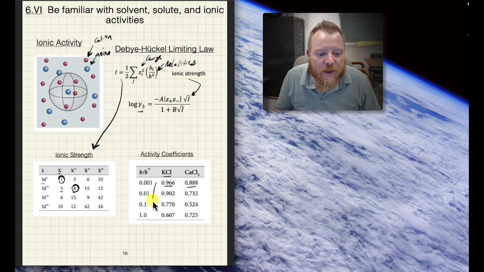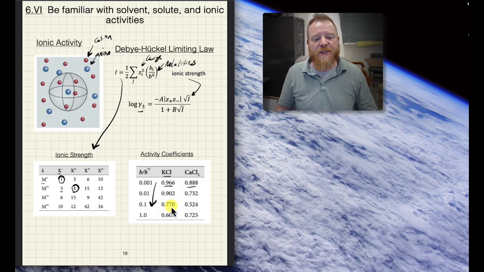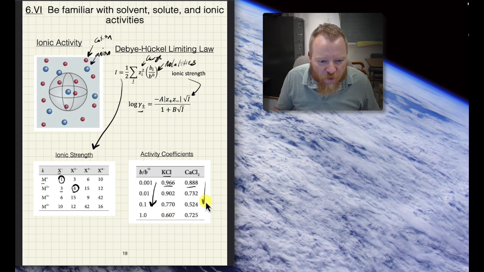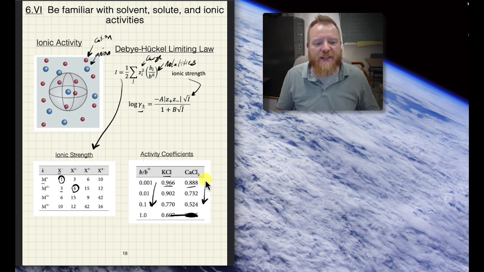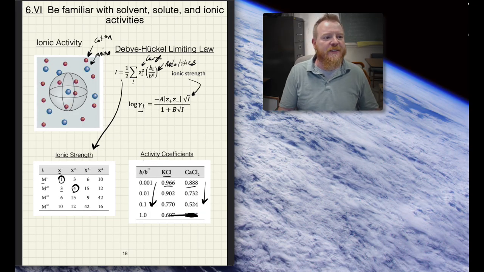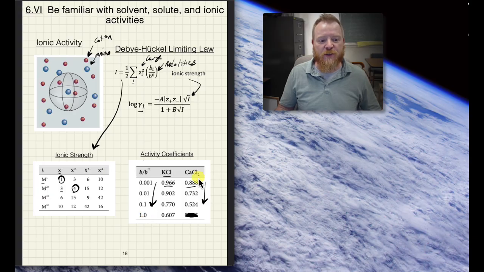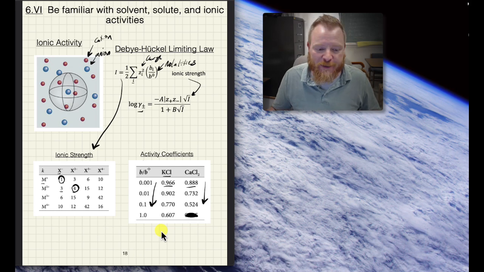And as we get into more and more concentrated solutions, you can see our activity coefficients become less and less ideal. And I'll point out that in this chart right here, this 0.725, that's a mistake. The value should continue to decrease as the concentration increases. So in other words, as we get a more and more concentrated solution, the activity coefficient deviates from that value of 1, indicating that it's a less ideal solution.